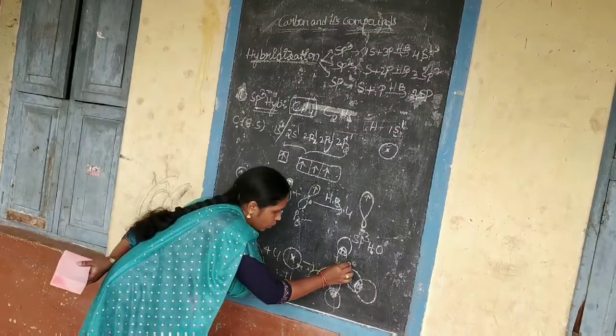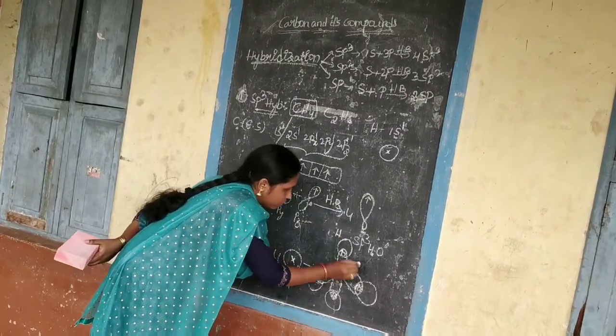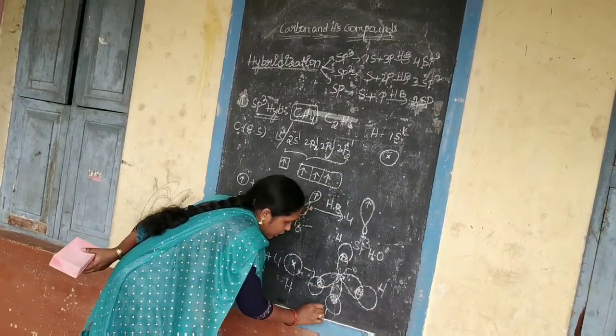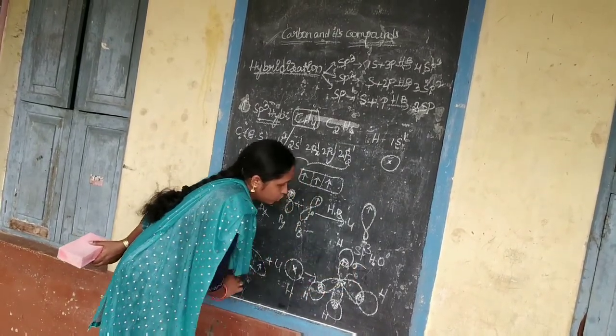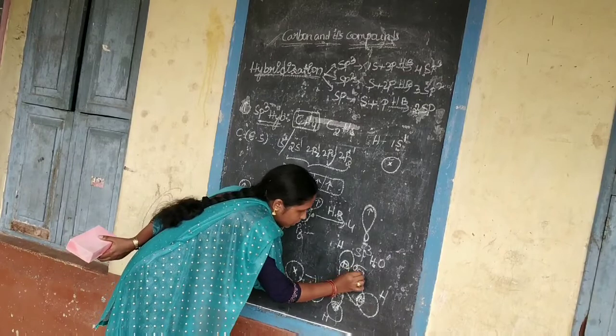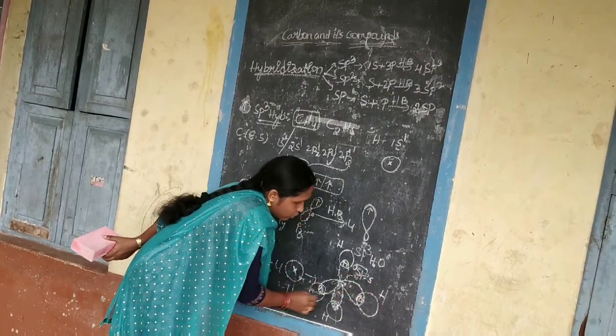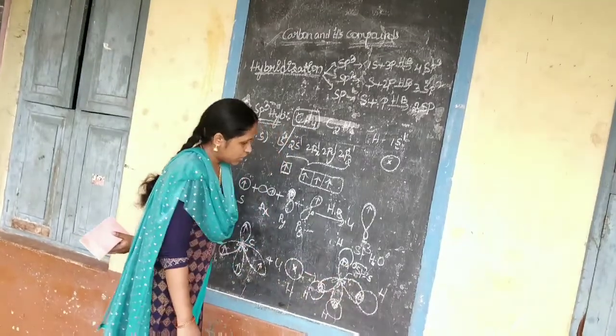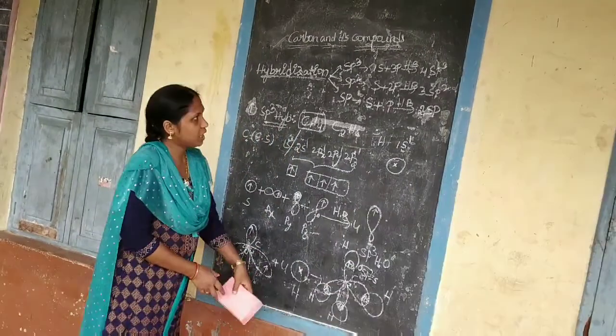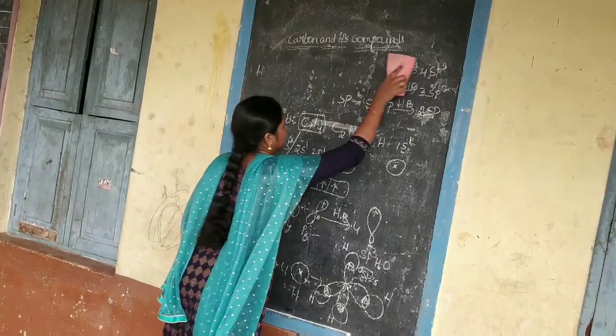Here is a carbon nucleus and these are hydrogens. Here the sigma bond is formed due to the overlapping of the sp3 of carbon and s of hydrogen. That means here four sigma bonds are formed. The four sigma bonds are sigma sp3-s bonds.